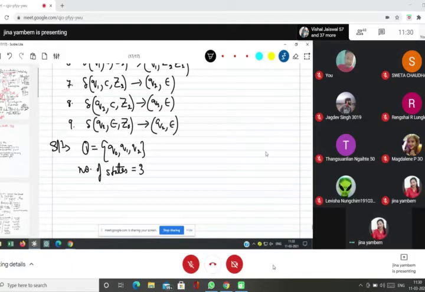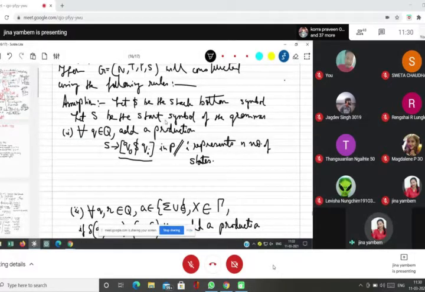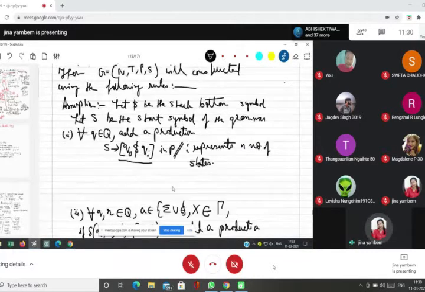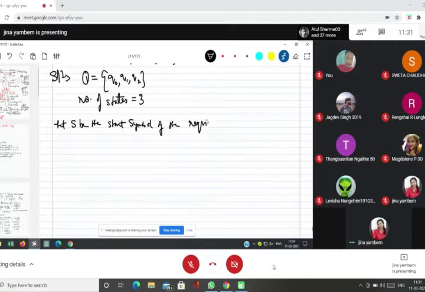And then, as per the rules I have written here, if you are going to construct a CFG for a given PDA, you need to assume the start symbol of the grammar. Let S be the start symbol of the required CFG.